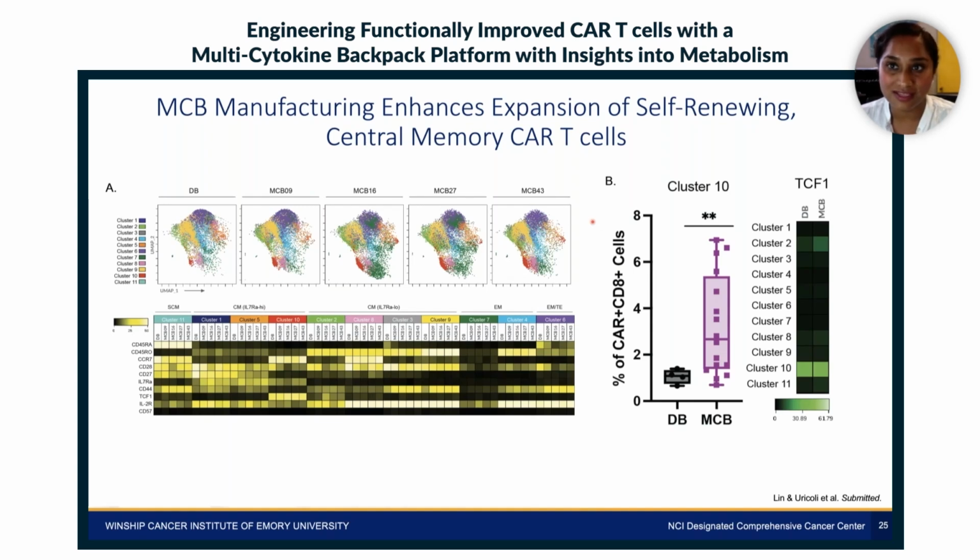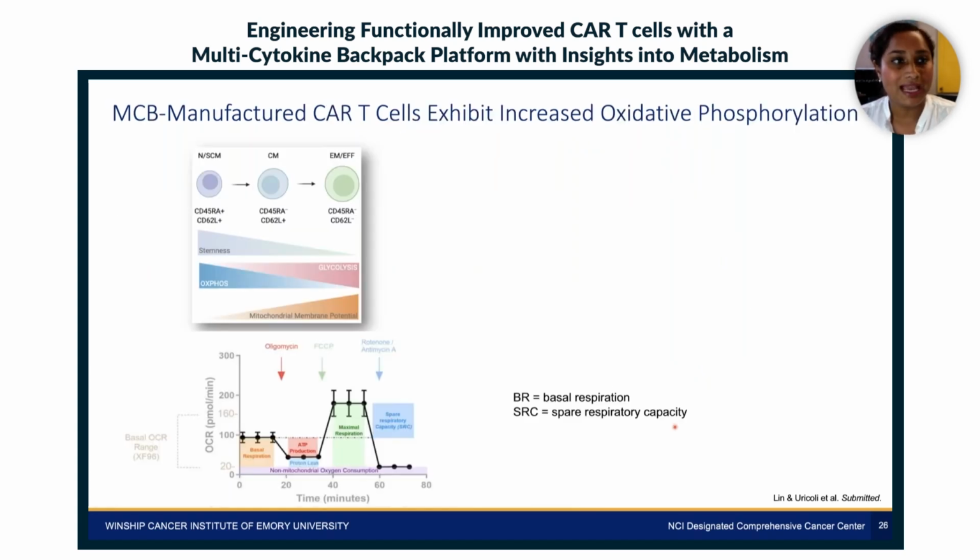And then we look at TCF1 expression, which is again associated with self-renewing CAR T cells. We can see our MCB manufactured CAR T cells have significantly more expression of TCF1 compared to Dynabead plus IL-2 manufactured CAR T cells. We next wanted to look at how our MCB manufactured CAR T cells looked metabolically, because we know that as T cells differentiate and they lose stemness, they actually move from oxphos metabolism to glycolysis.